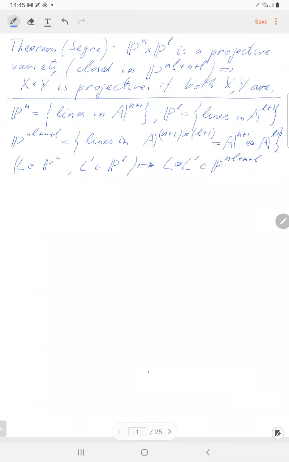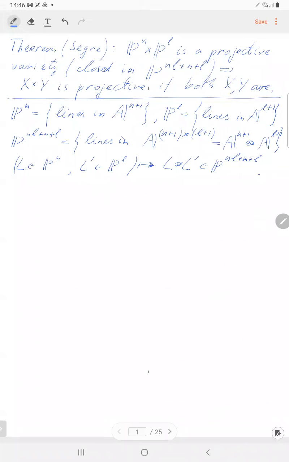Okay, so this is the embedding. We only have to prove that this is a projective variety, so that it is cut out by certain equations. Let us write down these equations.